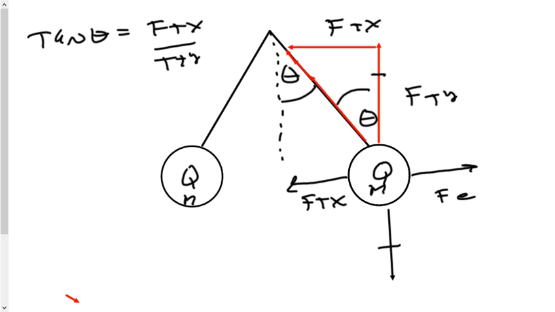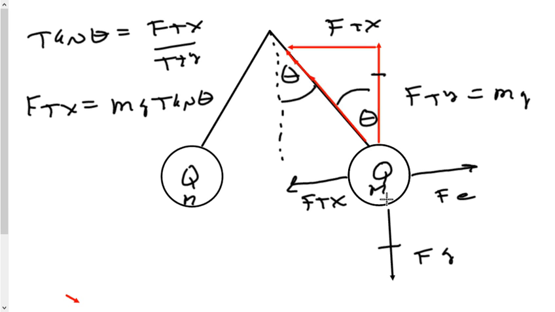Well, it must equal force of gravity going downwards here. So we have force gravity downwards, force tension Y upwards. So we know that force tension Y is equal to mass times gravity. So force tension X, if we solve for this expression, must equal mg tangent of theta.